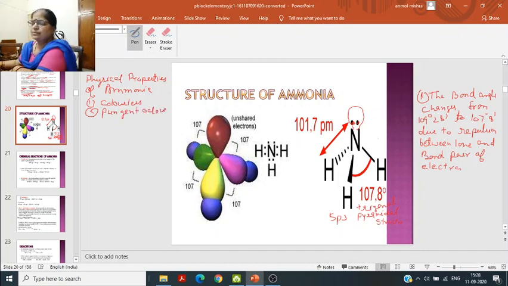Freezing point 198.4 Kelvin, boiling point 239.7 Kelvin.